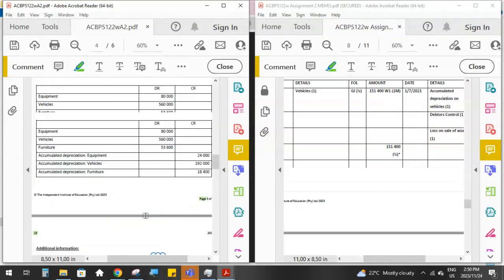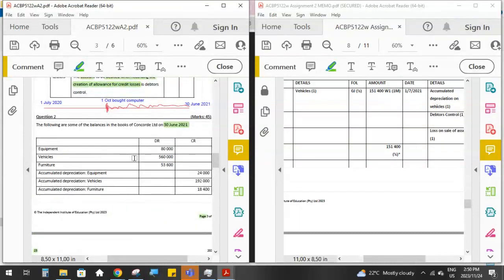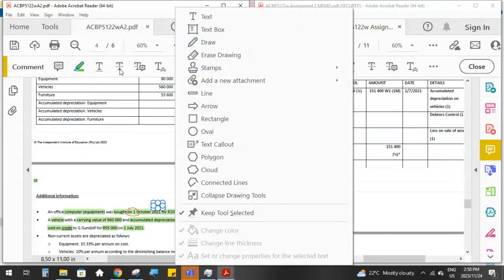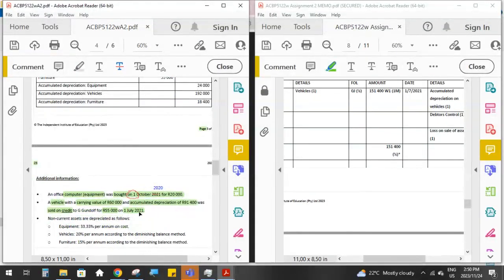It was sold on 1 July 2021. No, that must also be 2020. Otherwise, this is not going to work. I beg your pardon, I can't remember if we actually fixed these dates. This must be 2020. In other words, we sold it on the 1st. I'm pretty sure that's correct. We'll double check. Oh dear, where am I?